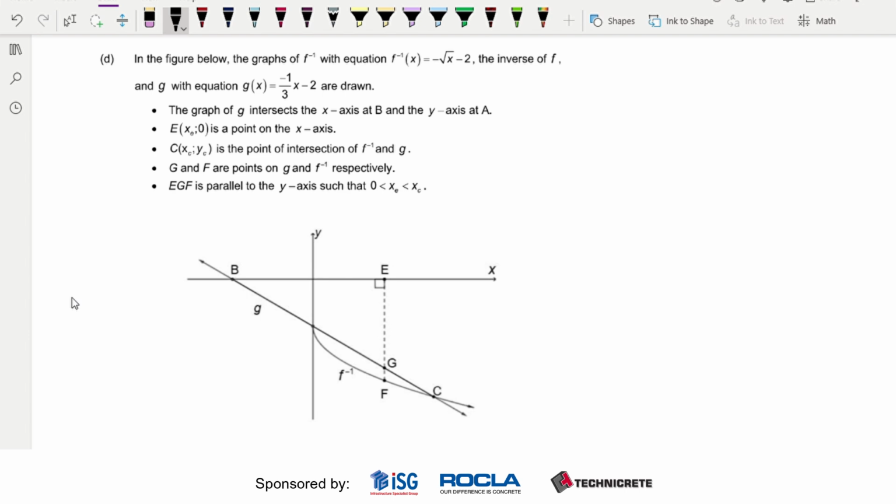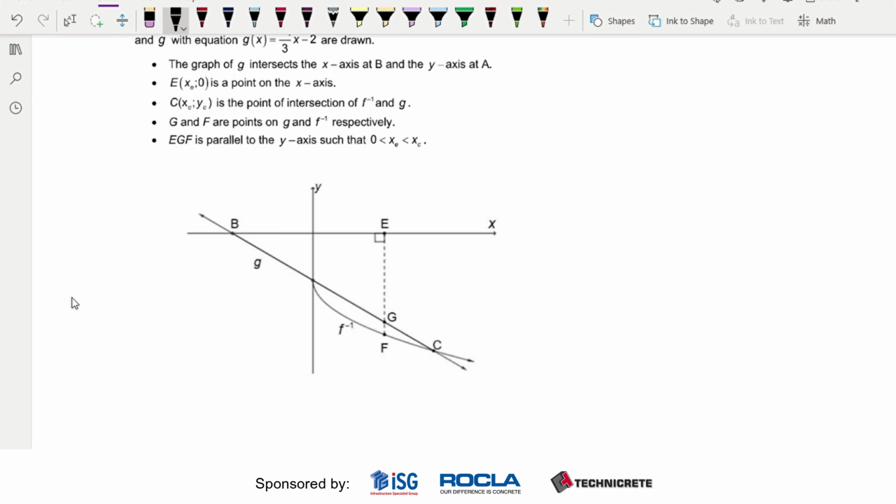C, with coordinates xc and yc, is the point of intersection of the inverse of f and g. G and F are points on g and the inverse of f respectively, and EFG is parallel to the y-axis such that 0 is less than xe and xe is less than xc.